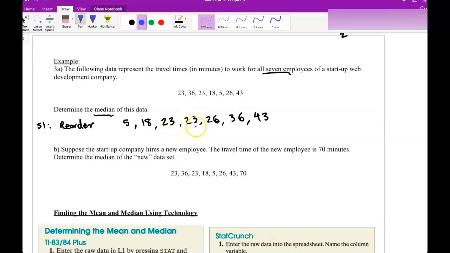So this is what we have in between, and that is the median. So n was equal to 7, and that was an odd number. Now let's see where that is located. Obviously this is 4th place. So 1st, 2nd, 3rd, 4th place.